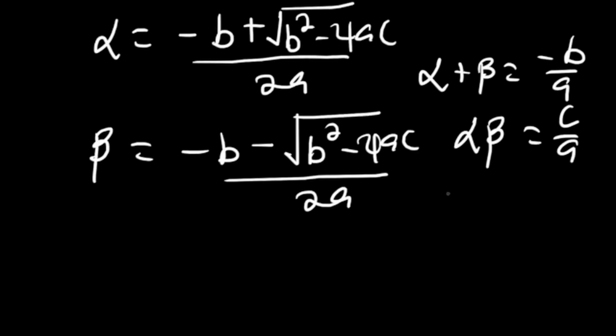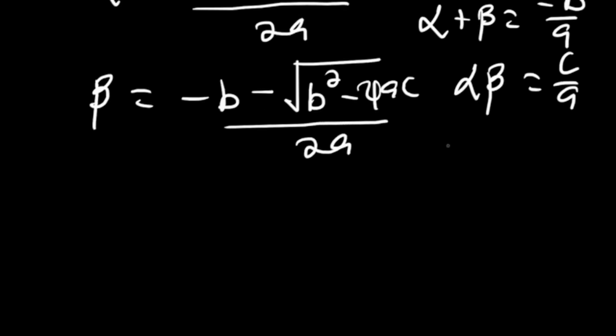We can go ahead and add them. Remember, we have our alpha and beta already, which are the two solutions possible from the general form of every quadratic equation. So I'm going to say right here, alpha plus beta equals, I'm going to add them right now.